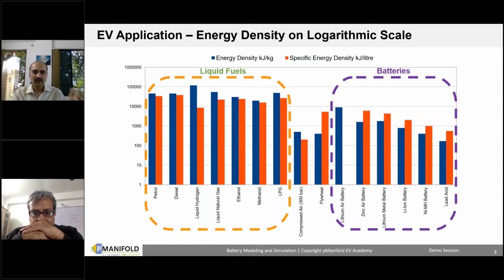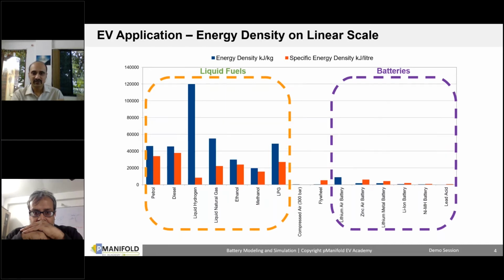So you are seeing this graph and you probably wonder why I'm talking about a challenge here, because they seem pretty well matched. But if you notice, the scale here is a log scale, not a linear scale. The reason I put a log scale is that on a linear scale, the batteries are hardly visible.